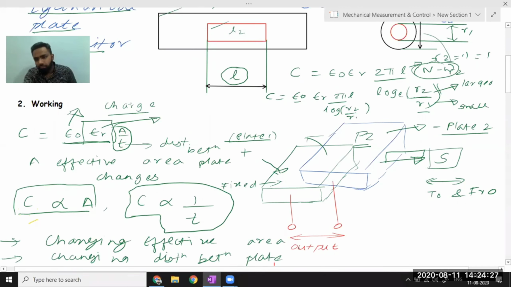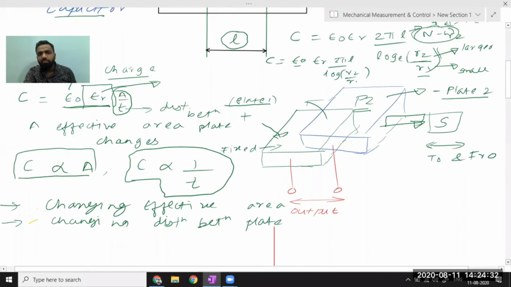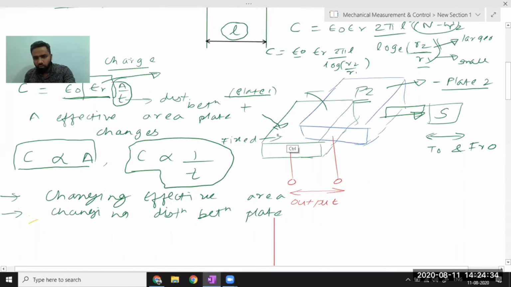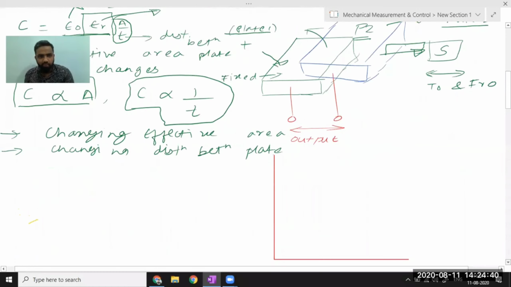Now I have considered the first case, where we have changed the effective area. We know that C is proportional to A.